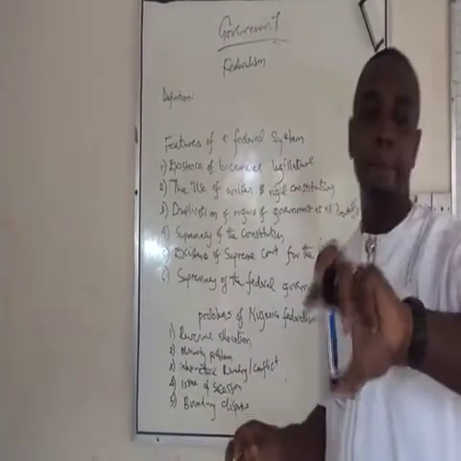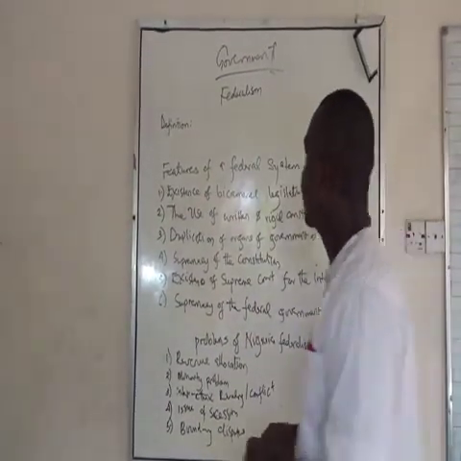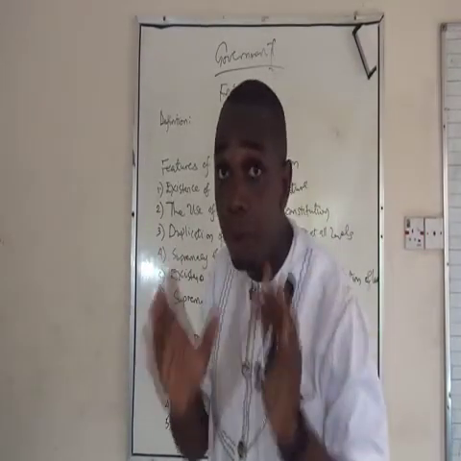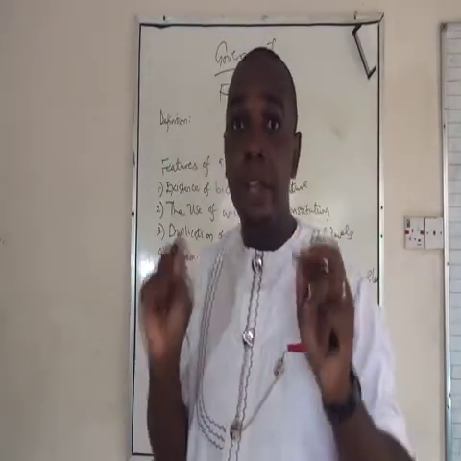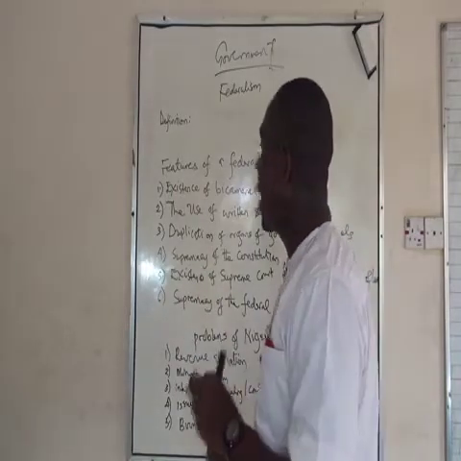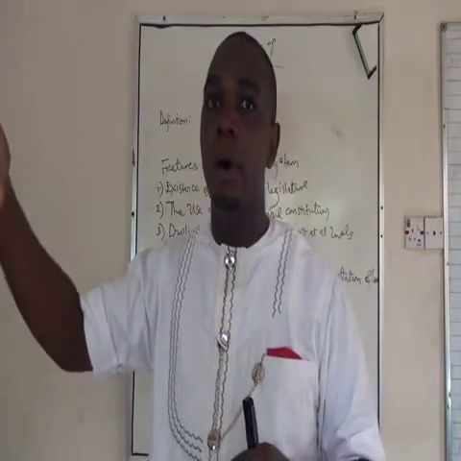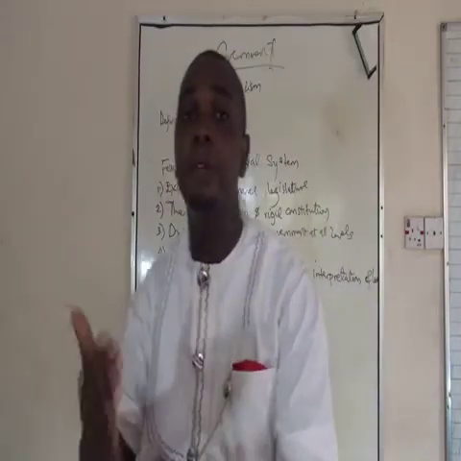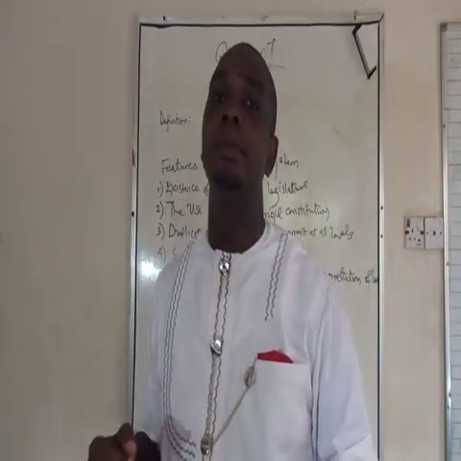And then for your assignment, you're going to define the federal system in your own words. Give me the definition of a federal system in your own words, and then give me a brief overview of the development of the federal system in Nigeria.